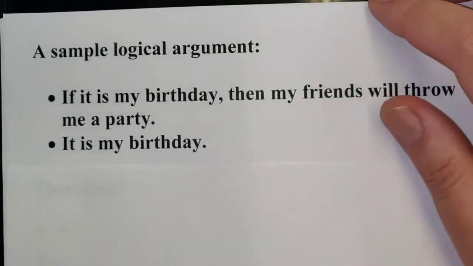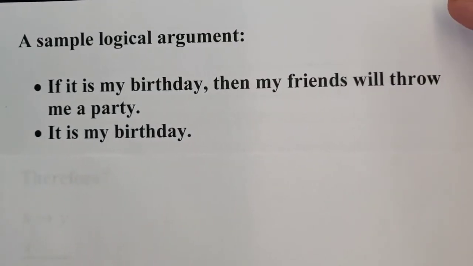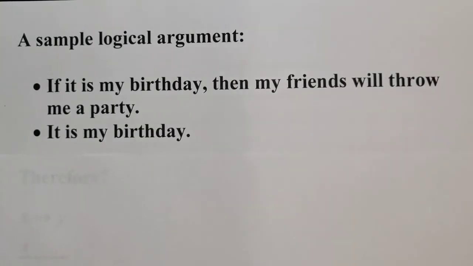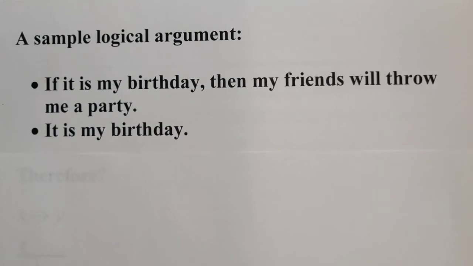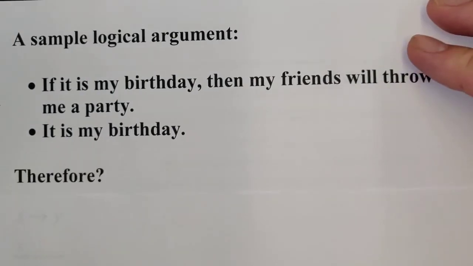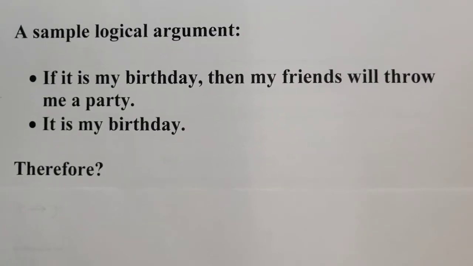So consider the following. Let's say that these statements are true. We'll start with this statement: if it is my birthday, then my friends are going to throw me a party. And it's also said that it is my birthday.